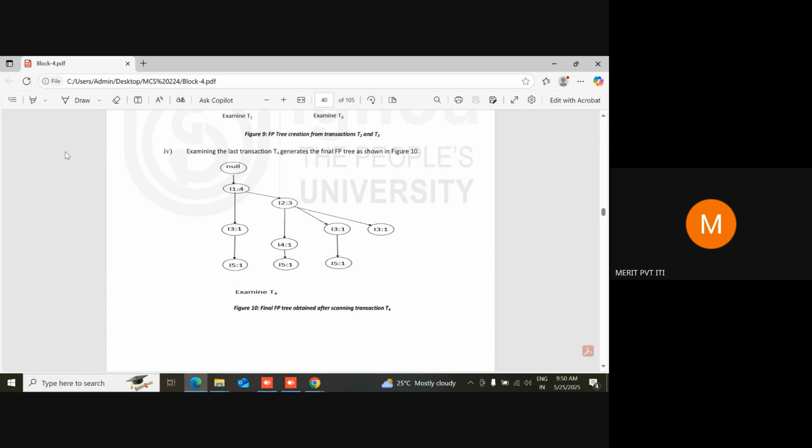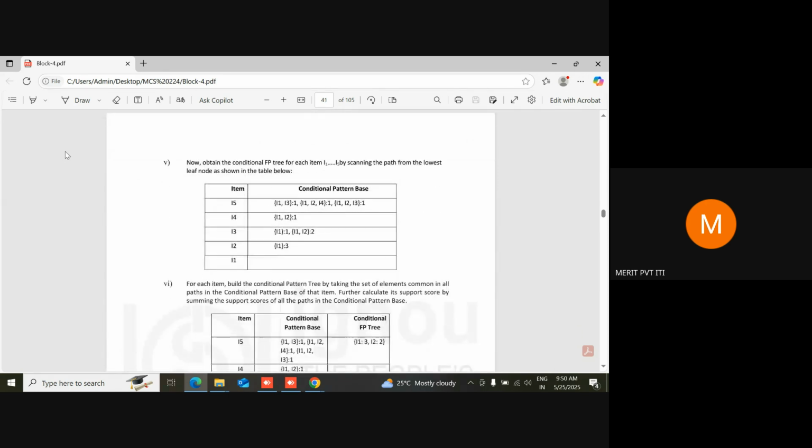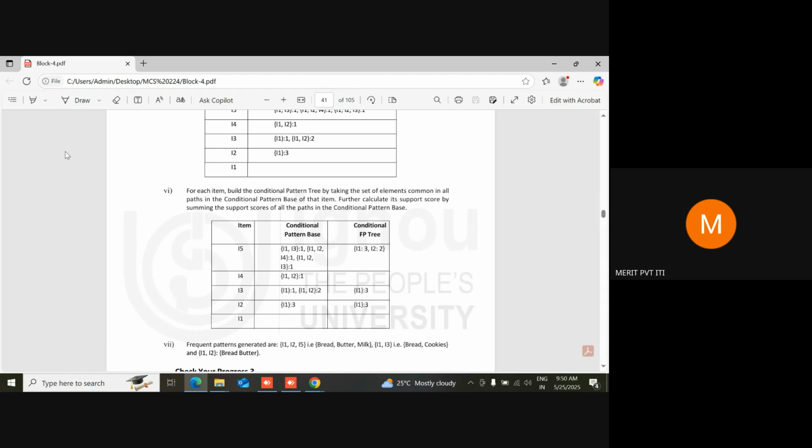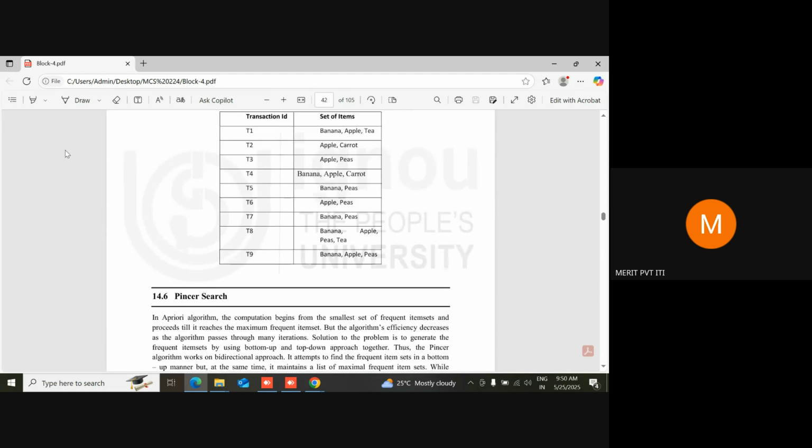I4-1 is 1 and I5-1 is 3. So I4-1 is 1 only, and I3-1 is 3. That's why, after scanning transaction D, that's the T4. Then these are the various combinations of all these things that you can see.